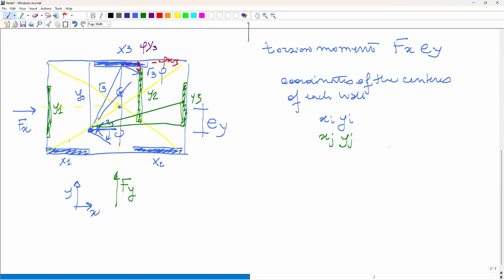So because of the torsion, each wall, because the same will be for all the other walls, each wall will undergo a displacement which is equal to the rotation angle multiplied by the Cartesian distance between the center of the wall and the center of rotation.